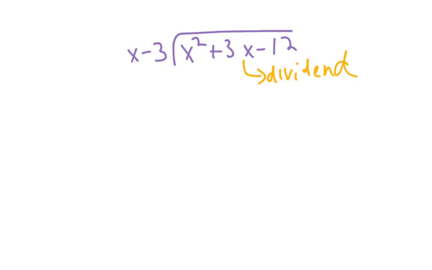What you're dividing it by is your divisor. Your answer that you come up with up here is your quotient. Should you have a remainder, that would go up here as well.